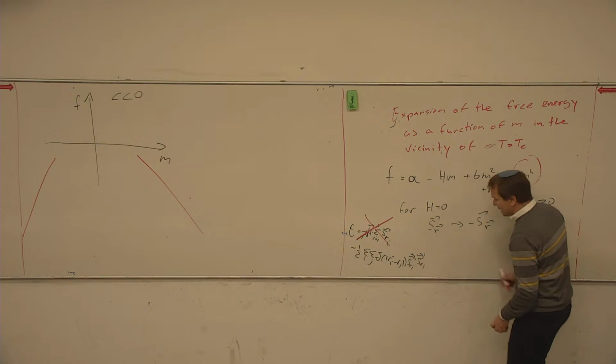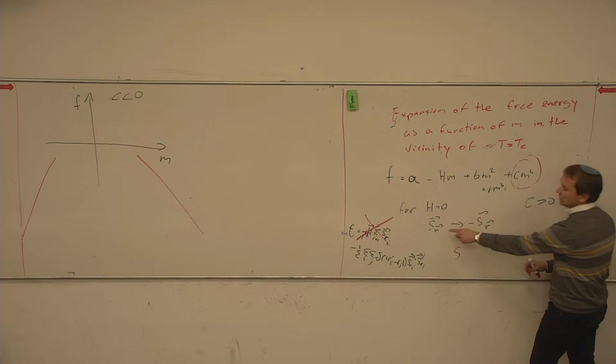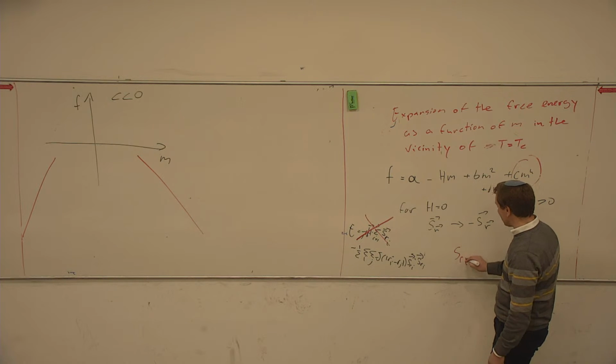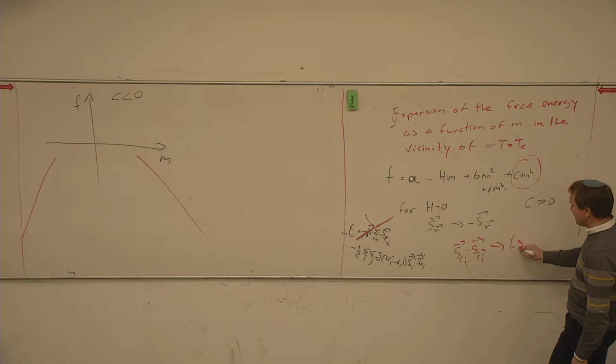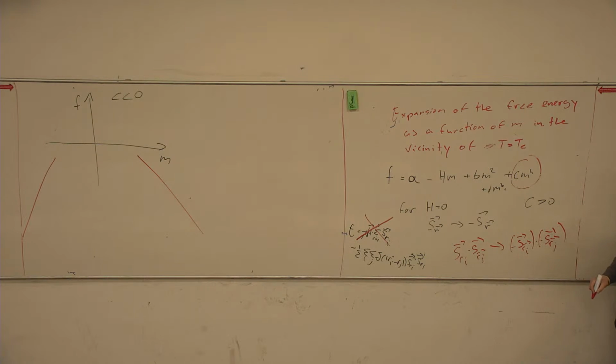What I'm saying is that when I'm performing this transformation, so any spin is going to be negative, what is going to happen to S_i dot S_j? It's going to transform into minus S_i dot minus S_j. Right? This is the transformation that I perform.